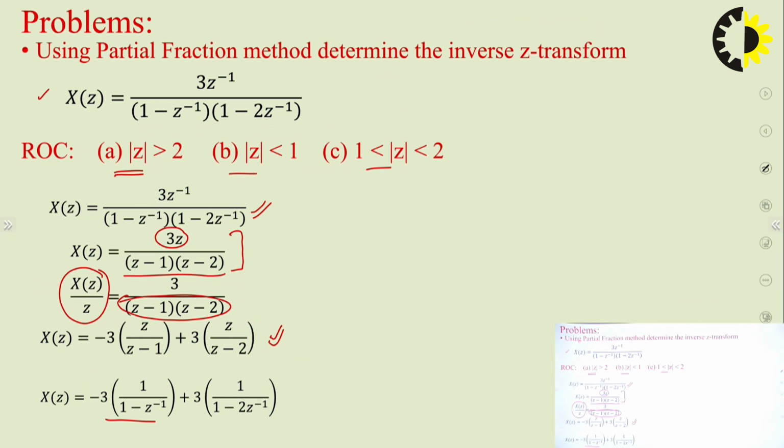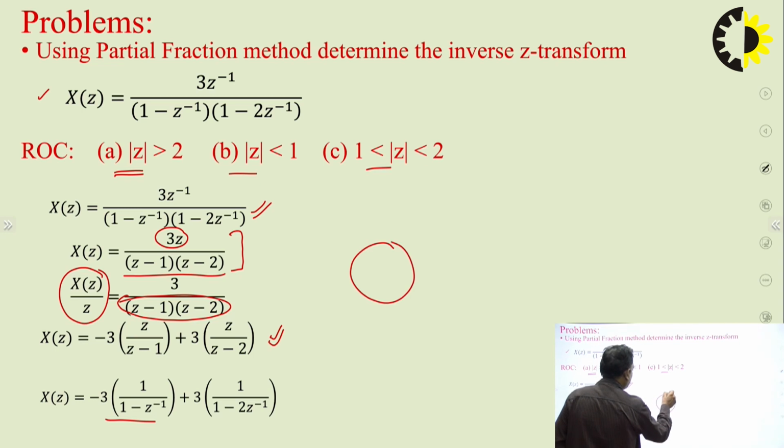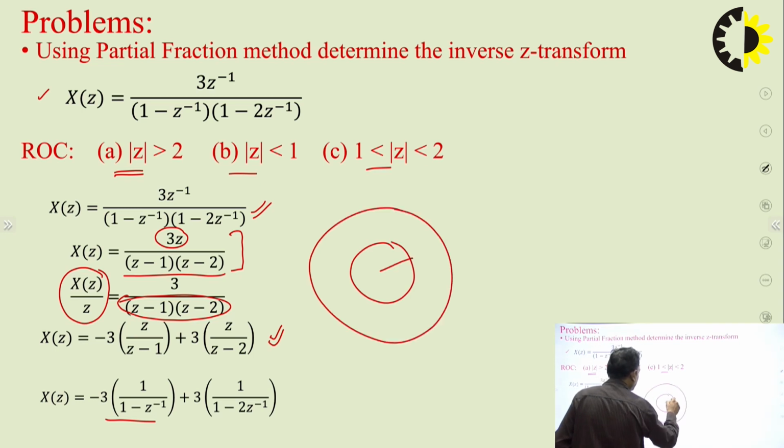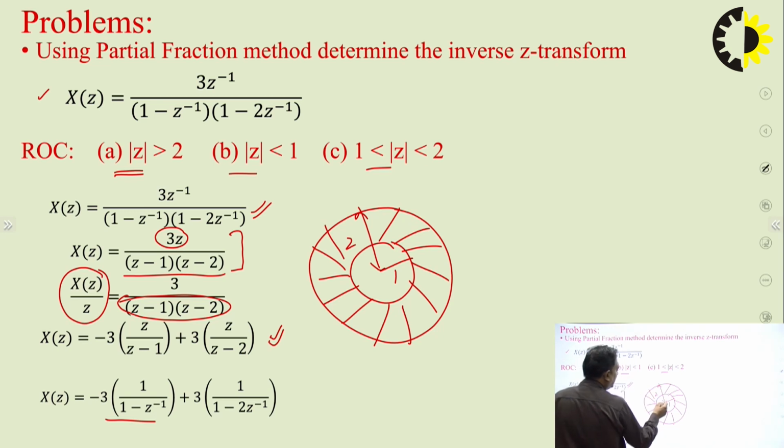And the third one is when the ROC lies between 1 and 2. You have a circle of radius 1 and a circle of radius 2, so you are talking about this ring. You get this ROC only when, corresponding to the pole at 1, the ROC is outside, and corresponding to the pole at 2, the ROC is inside.